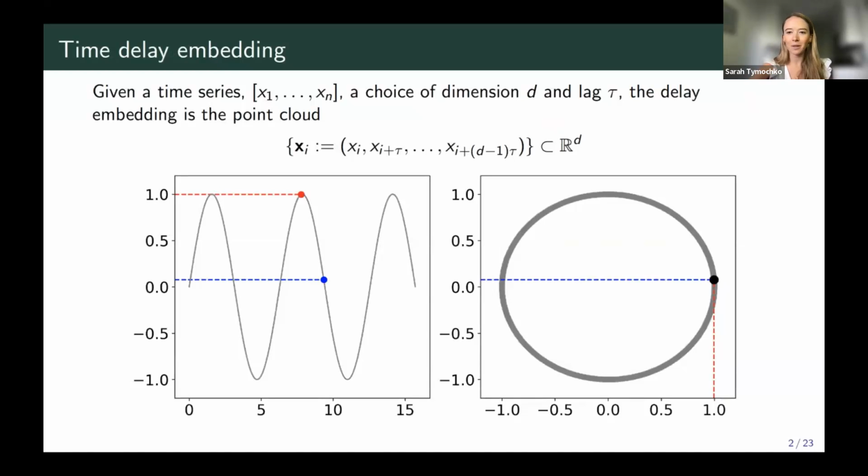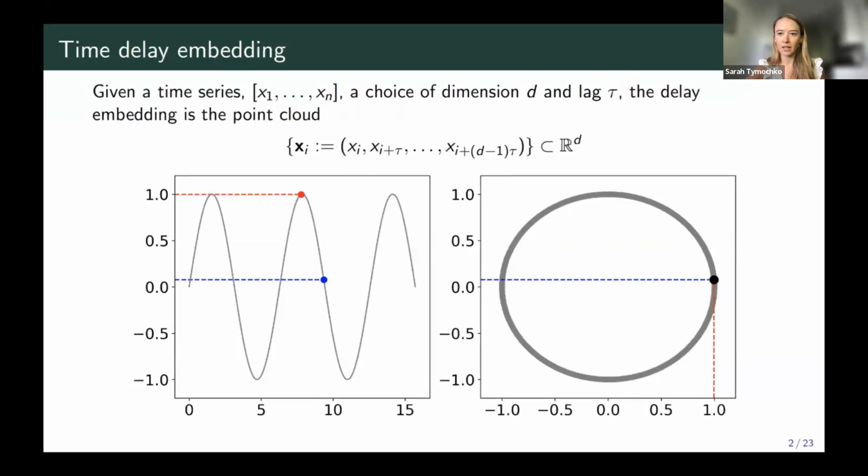If you've seen this, bear with me, but the idea is that if we have a time series, which I'll just think of as a sequence of points, we can embed this into some d-dimensional space by choosing some lag parameter tau. And so we end up with a collection of d-tuples in R^d, and each one of those points are spaced tau apart in the original time series.